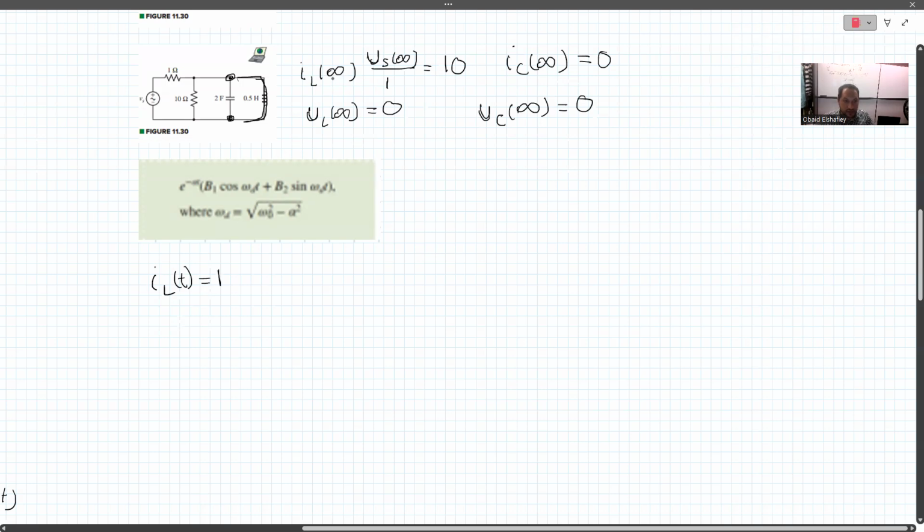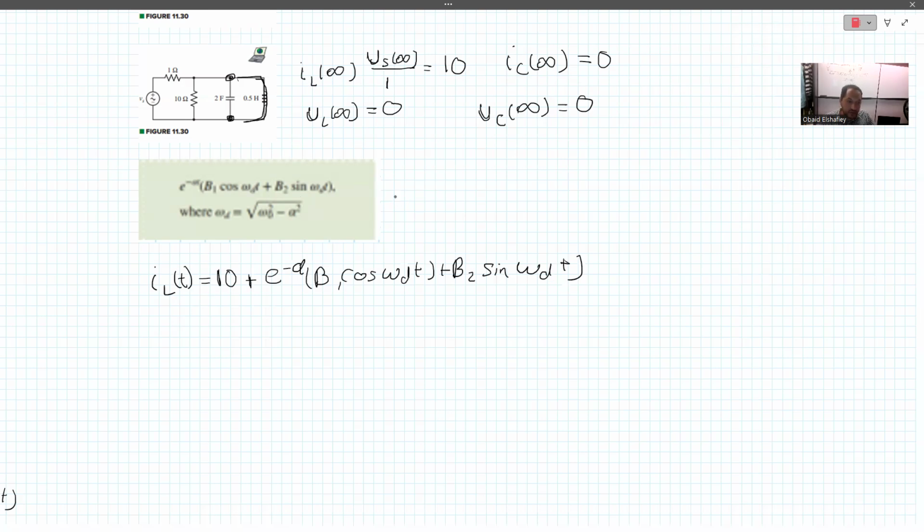So that is 10 plus e to the power negative alpha t, times B1 cosine omega d t plus B2 sine omega d t, where omega d is the square root of omega node squared minus alpha squared. This is assuming you did solve for alpha and omega.